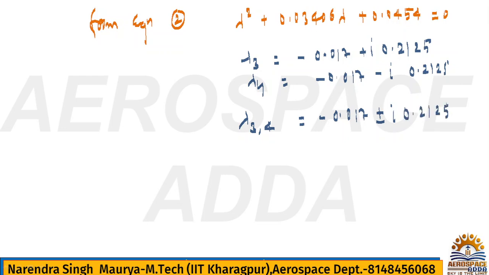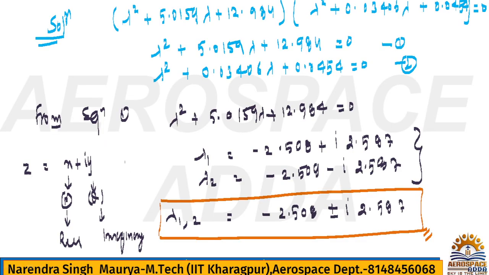You got two roots here. How many roots? Two roots here, lambda 3 and lambda 4, and again two roots in the other equation. So in total you will have four roots, because in this equation there is one bracket here and another bracket here, and this is lambda square, this is lambda square.